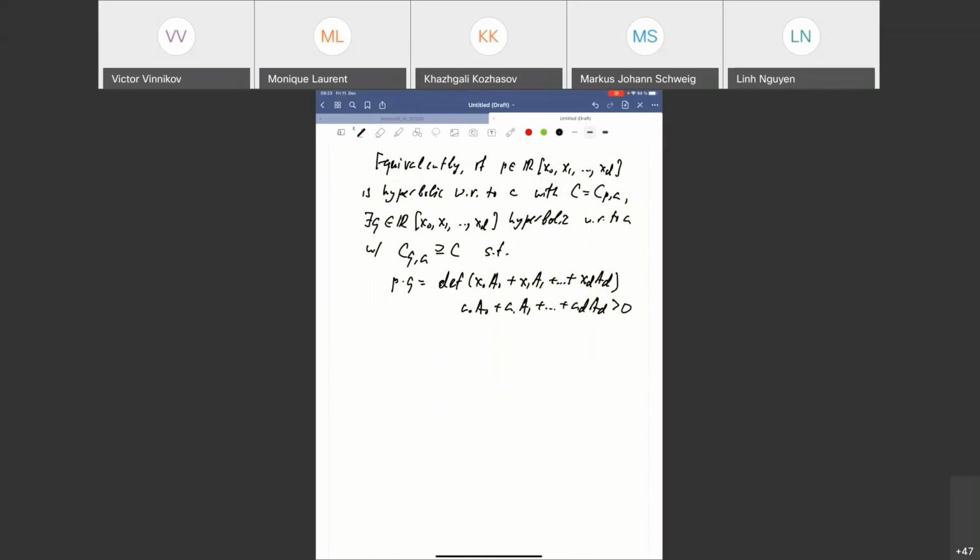Now, if we are in 3 homogeneous variables, so dimension 2 really, this is actually true without the extra factor Q. So this was the original Lax conjecture, from, I guess, 1958.